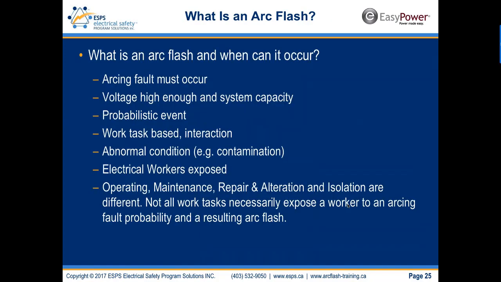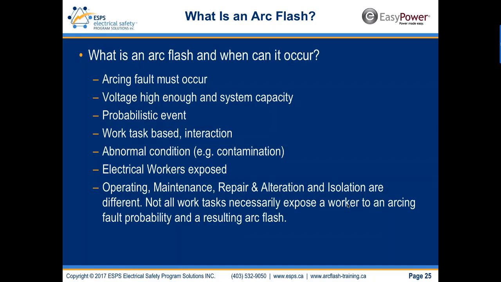So just going backwards, what's an arc flash? It's an arcing fault. It has to occur and it has to be uncontrolled. So we have controlled arcing faults or arcing in equipment, which is fine. It's part of the design of the equipment. When the arcing fault is uncontrolled and due to abnormal conditions, and we have, again, the right voltage level, high enough, and the system capacity, we can create an arc flash event.